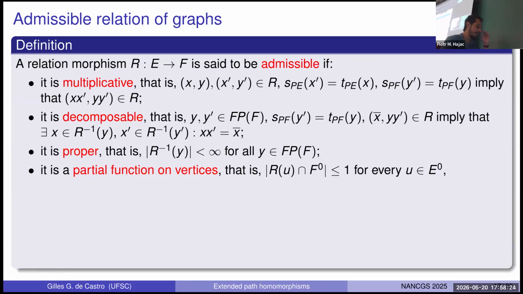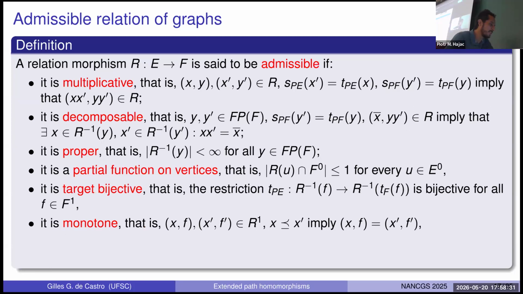And then later we realized that there's an easier way to write it. I think I was taking this from an old slide. Then we have this target bijectivity, which was for the original path homomorphisms. Now I can explain a little bit more. We take all paths that are related to F and all vertices which are related to the target of F, because the preimage of a vertex is a vertex, which is in the definition in the previous slide.